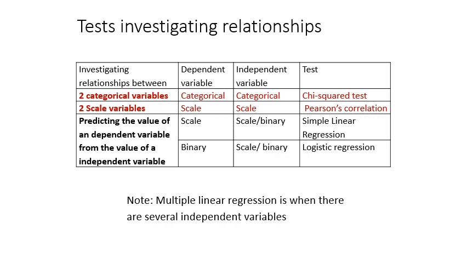If you are going to predict the value of a dependent variable from a value of an independent variable, and your dependent variable is binary, your independent is a scale or binary, that's the time you're going to use logistic regression.